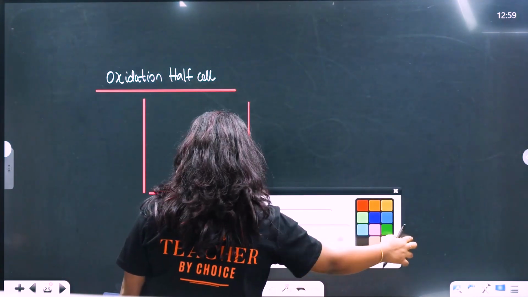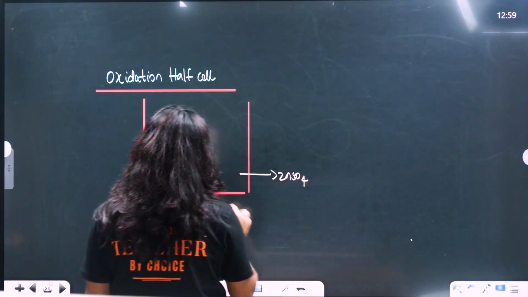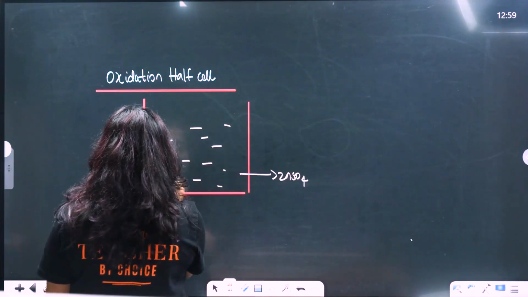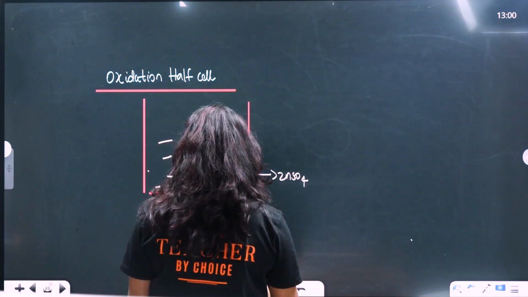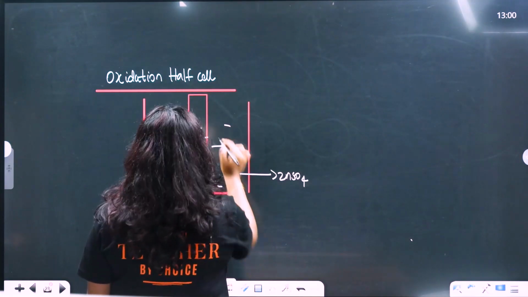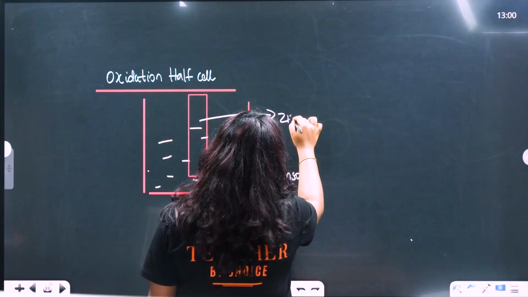In the particular beaker, you have the ZnSO4 electrolyte. Now I have added a rod, which is actually the Zn rod.